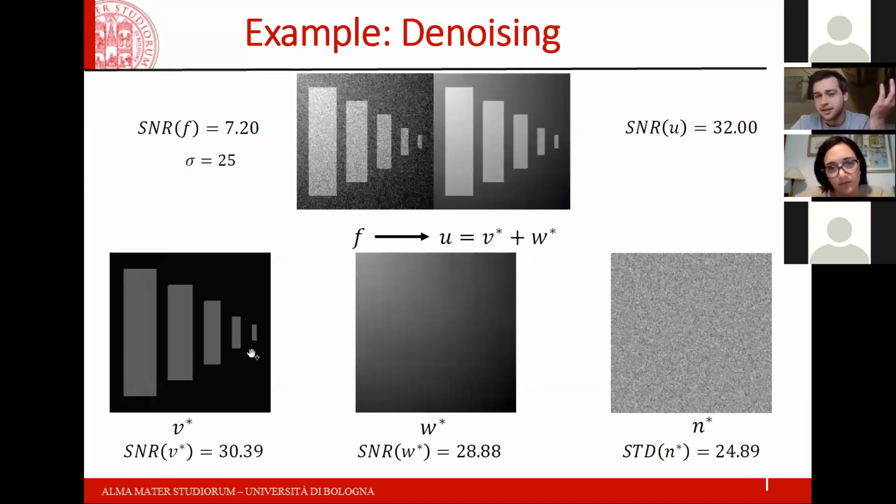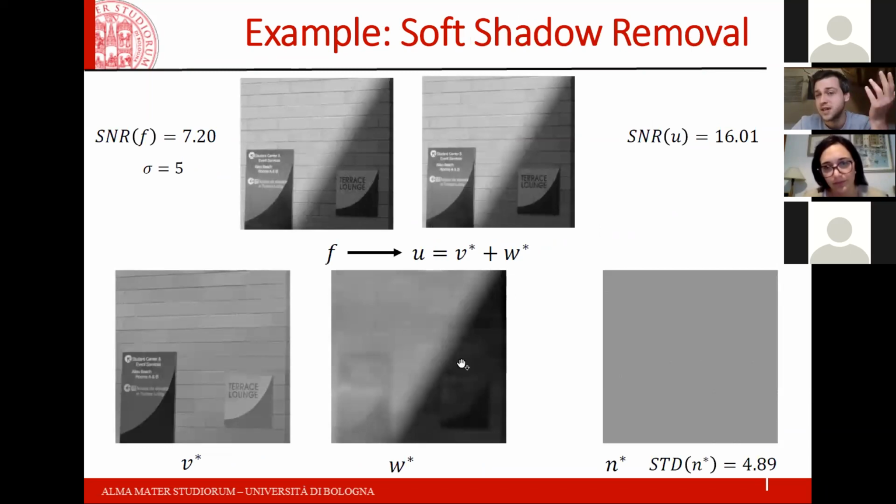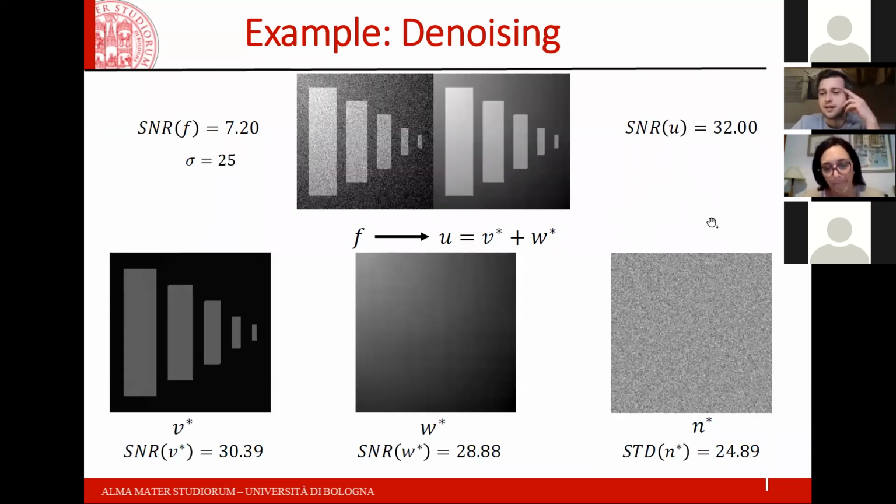Let's say in this example, the rectangles could represent a barcode or a QR code, which are nicely piecewise constant images. And if you have a spotlight on them or a shadow as in this example, then you have some idea what you should expect as the structure: the piecewise constant and the smooth component are there. Otherwise, it is not.